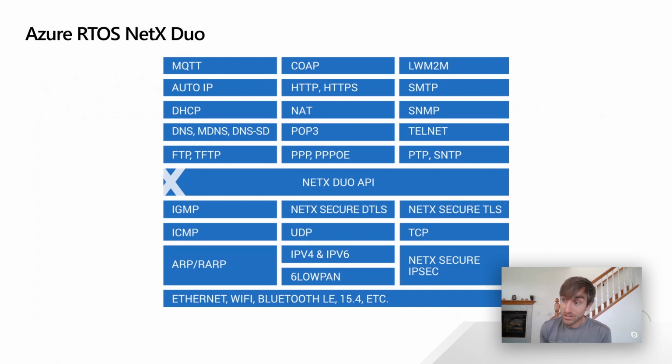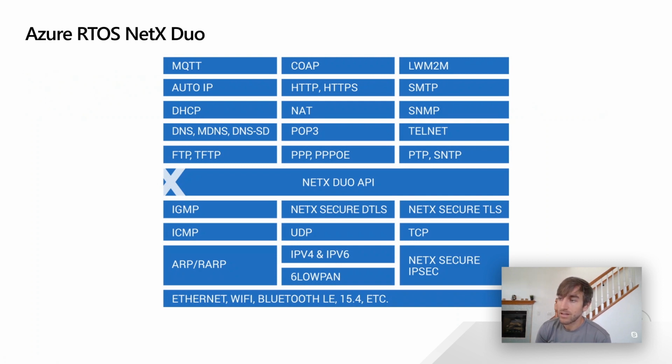In terms of protocols, all of these various protocols are supported. There's probably more now. And the IPsec and the secure DTLS and TLS are only supported in NetX Duo. They are not in the older IPv4 NetX product.